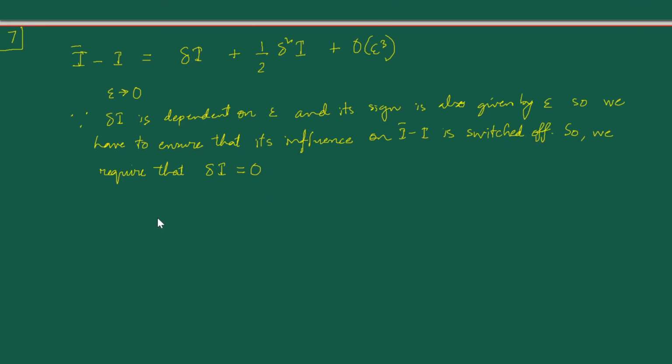For now, we are going to concentrate on this requirement that delta I, the first variation of I, as it is conventionally referred to, is equal to 0. We want to focus on it.